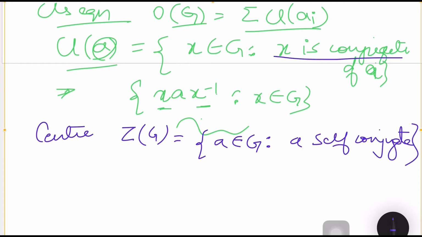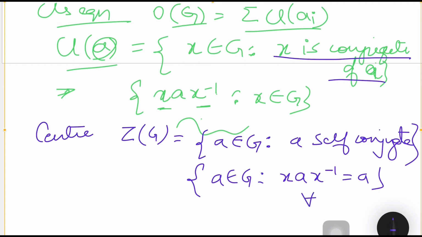Now we know what a conjugate is. If A belongs to G such that X A X inverse comes out to be itself for all X, then it is self conjugate, because for all X it comes out to be itself, right?